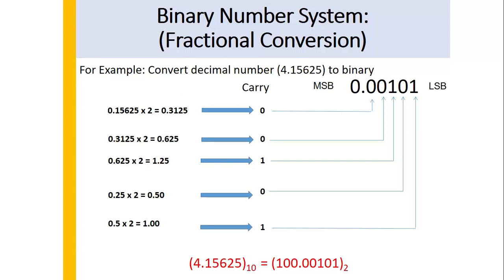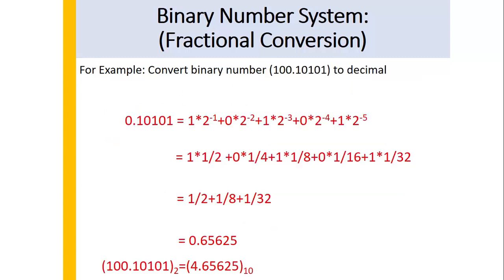The binary value of the fractional part, 0.15625, is 00101, and for the number to the left of the dot, 4, the binary is 100. Hence the binary equivalent of 4.15625 is 100.00101.